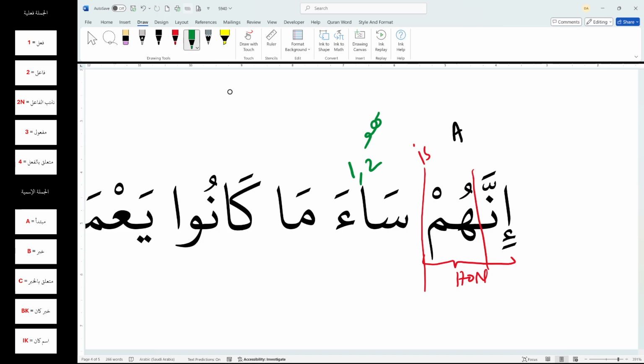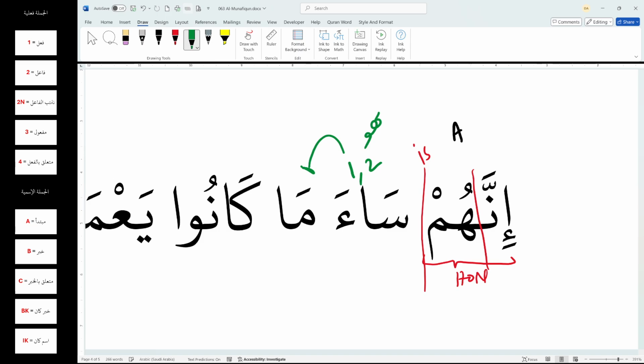So when you have a huwa, you look for an outside doer. When you look for an outside doer, you need an ism that is after and that is rafa. Of course, it's not always the case that you will have an outside doer, but it can be the case. So let's look for one. When we go ahead, we find ma.